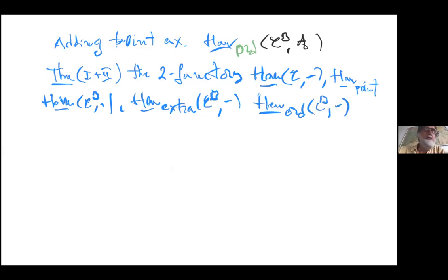And we also can add additivity. So let's say that we have with the capital Hom extra the additivity. We add additivity on this ord. So these take values in here.